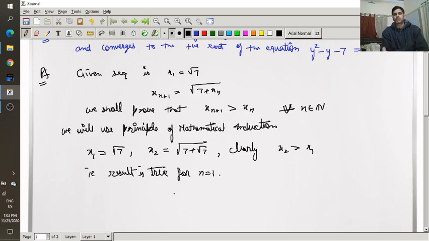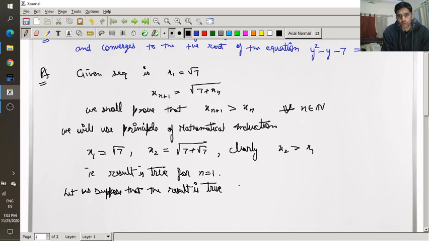Now we will suppose that the result is true for some natural number k, and then in the third step we will prove that the result is true for k plus 1. So let us suppose that the result is true for n equals some k, where k is any natural number.